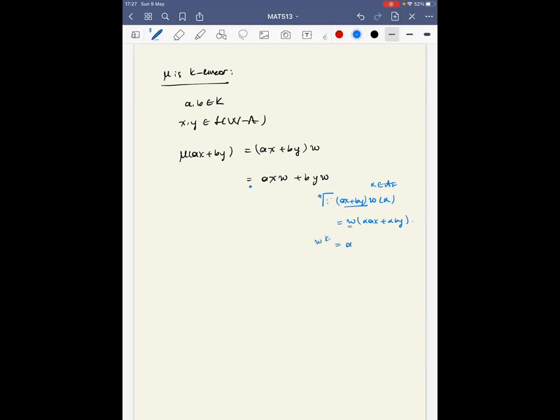Indeed, omega is a K-linear map by its definition. What we get is indeed the linearity of mu.